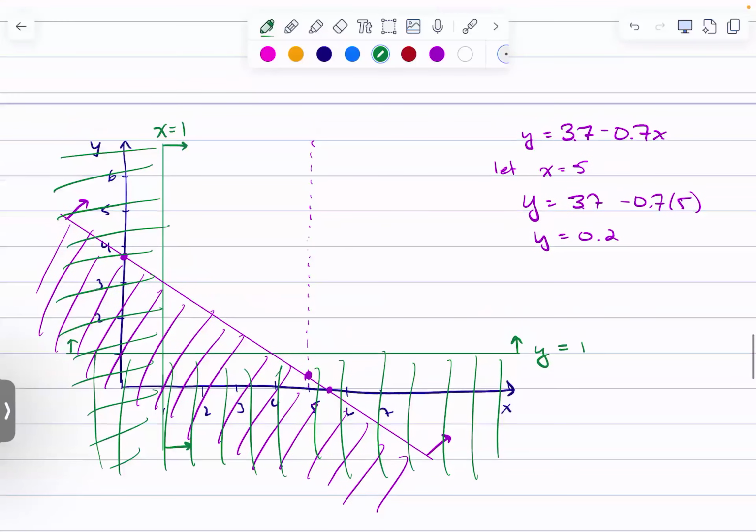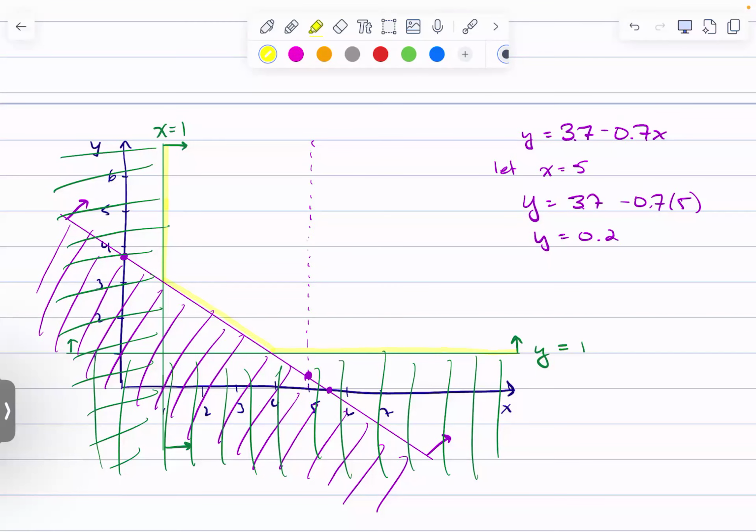So now your feasible set, I'm just going to kind of frame it in here. And if you got to the feasible set without any crazy shading, you don't have to do any shading. Okay? And so as long as you get to the feasible set, that's the goal. Right?